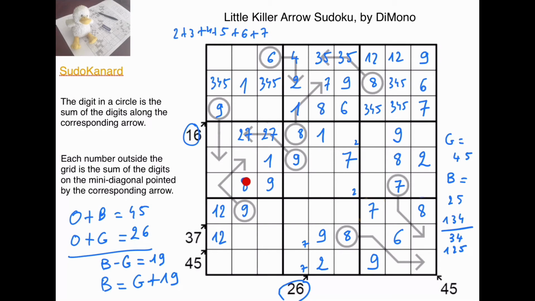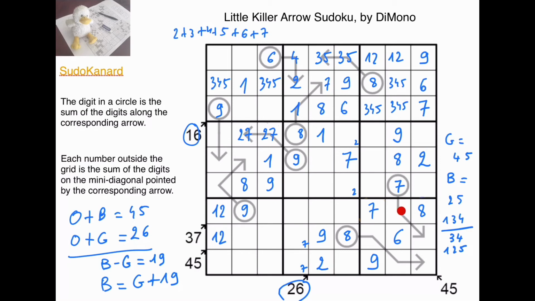Let's check. 24, 34. It works. So we just need to remember that this and this are different. So this and this are equal. So those are both 1s or both 2s.